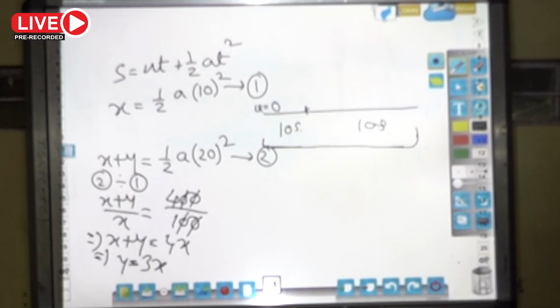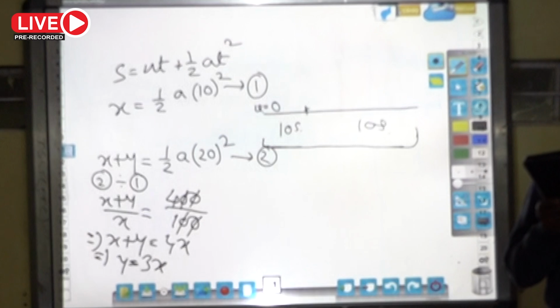Option A: abt divided by a plus b. Option B: a squared t by a plus b.